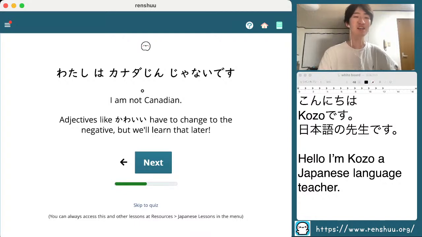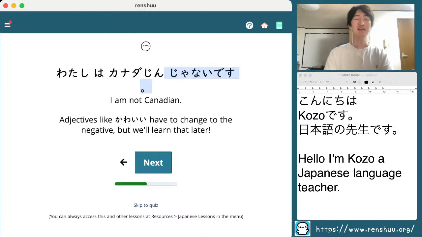Adjectives like kawaii have to change to the negative differently, but we'll learn that later. This janai desu is only for nouns and not adjectives. There are two types of adjectives in Japanese: い adjectives and non-い adjectives. For non-い adjectives, you can use じゃないです.